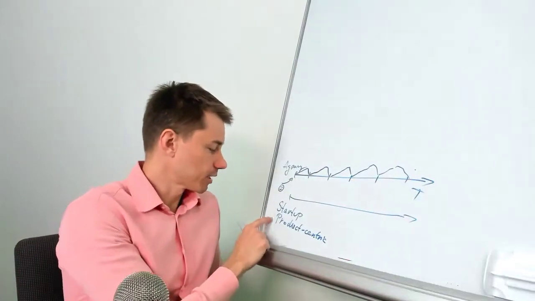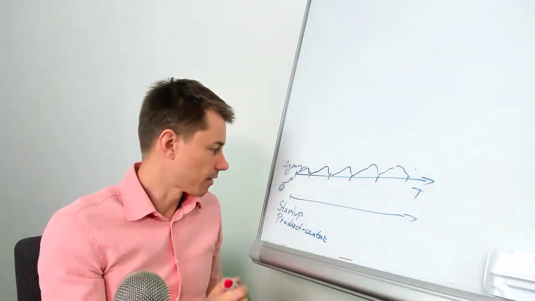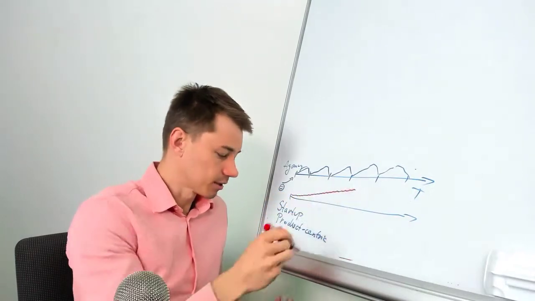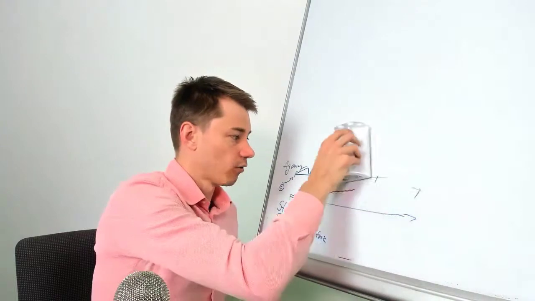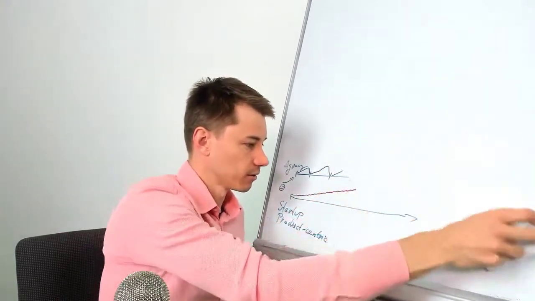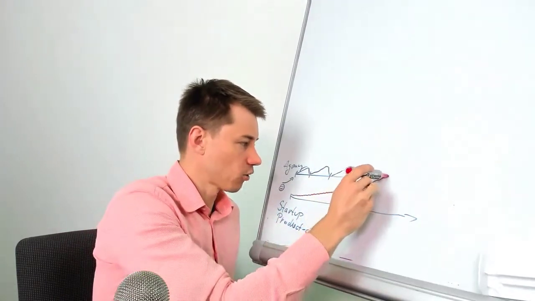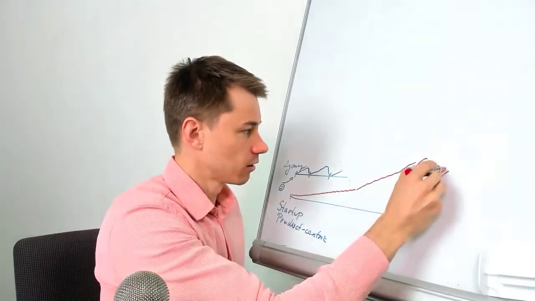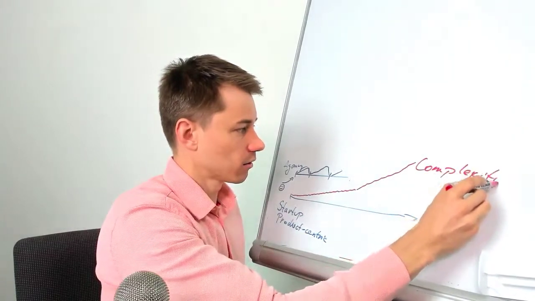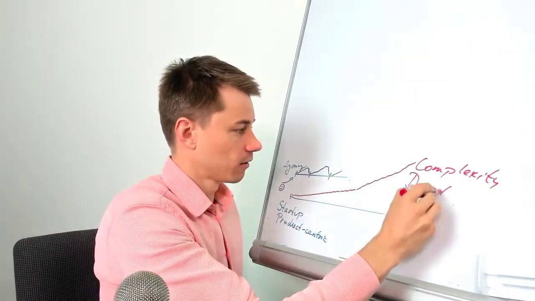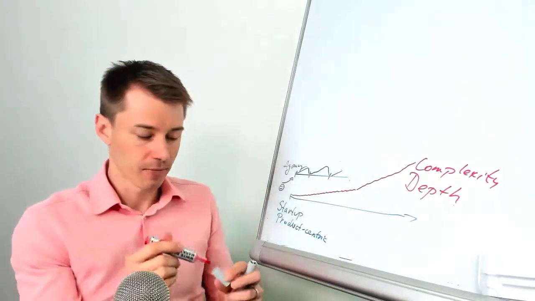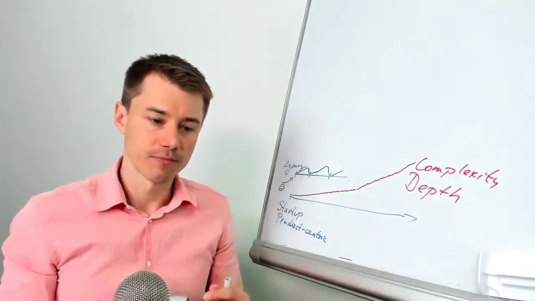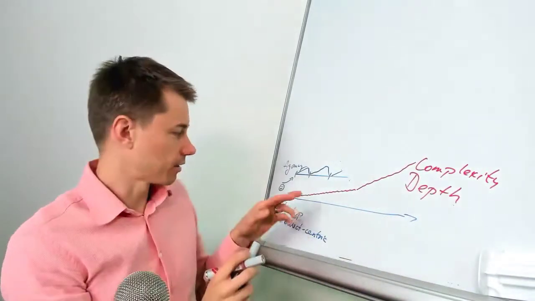But in a product-centric startup, the developers start building it, and they build it, and they build it, and soon they are off the chart, because the more they build, the complexity increases, the depth of knowledge increases, and they also need to focus on slightly different tasks than an agency.